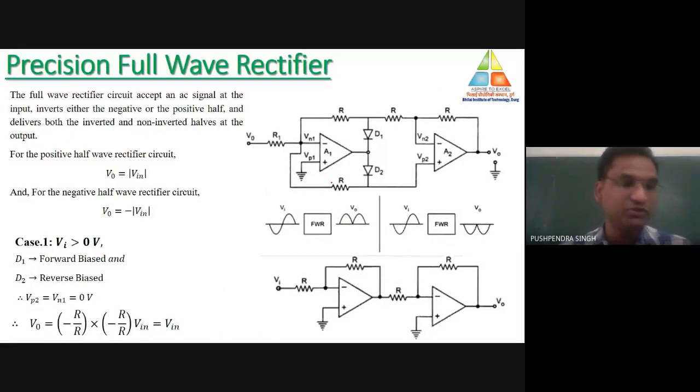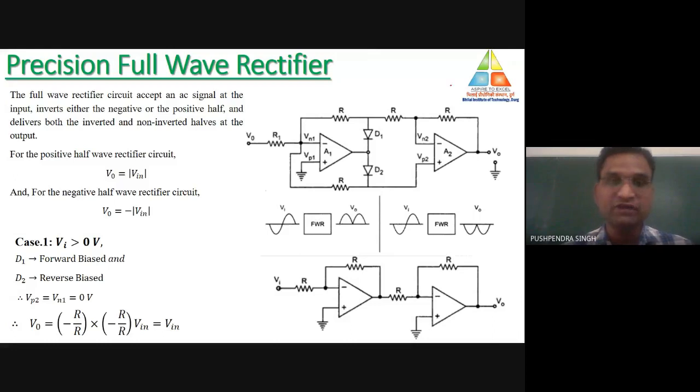Now moving further to the precision full wave rectifier circuit. What is the basic principle of a full wave rectifier circuit? For an input AC signal, the basic functionality of a rectifier is to generate pulsating DC. But in case of a full wave rectifier, for both cycles of the input signal waveform, we are getting the output.